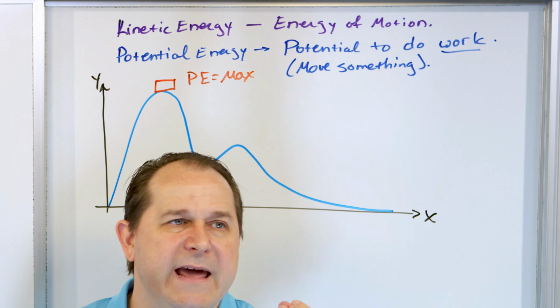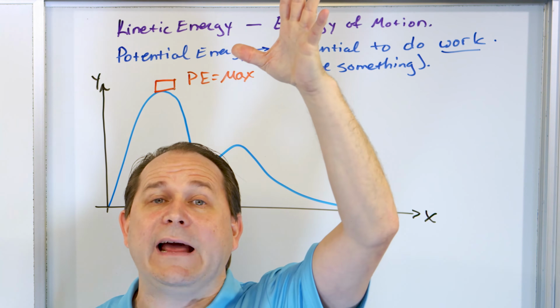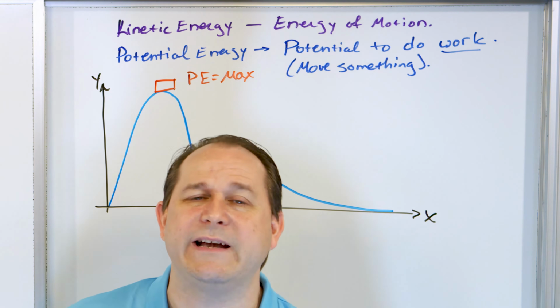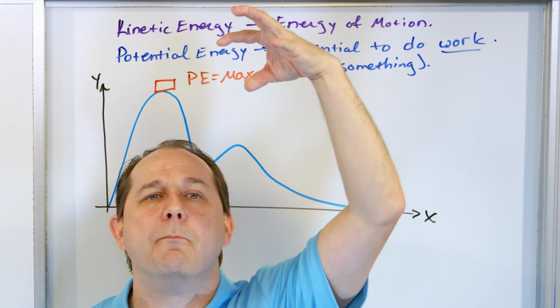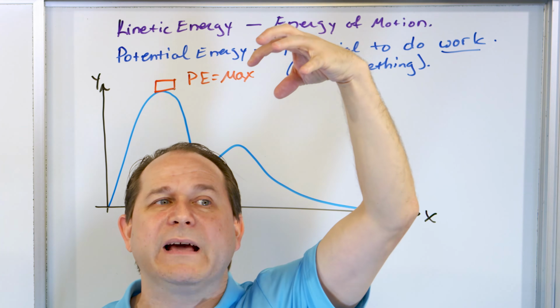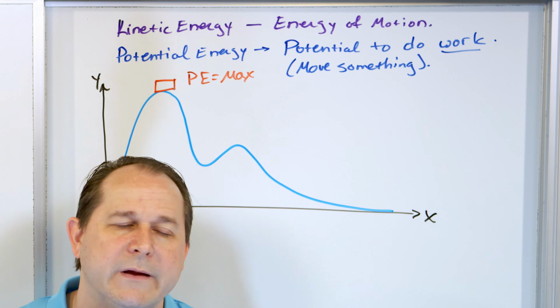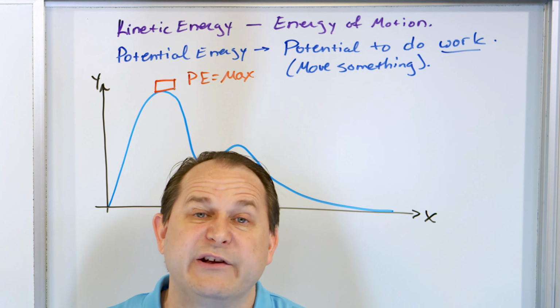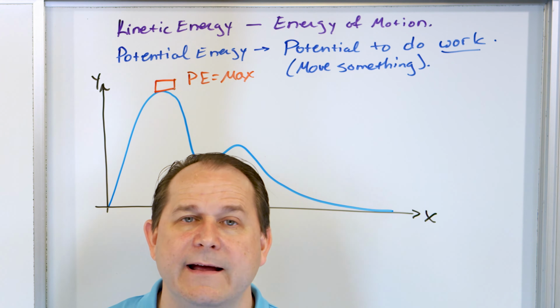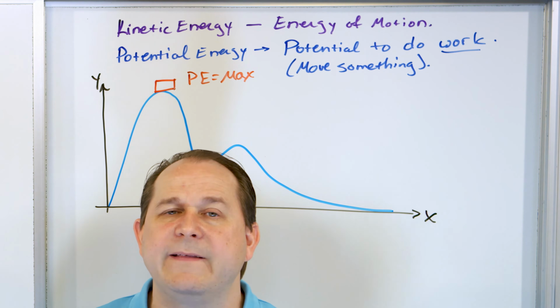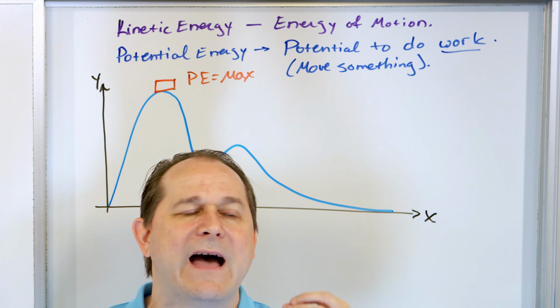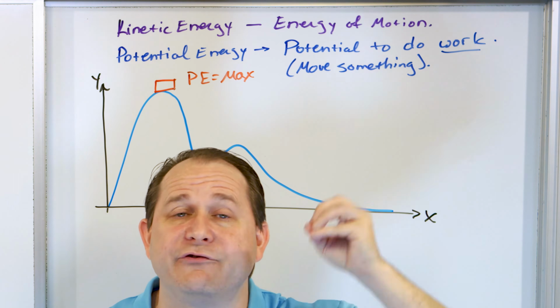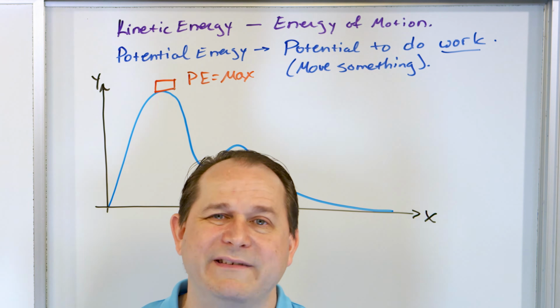But if I let it go from a higher height, it's going to reach a higher speed when it impacts the ground. So it has more potential energy up here because as it hits the ground, it has more, we're going to quantify it, potential to do work. If you could harness that and turn a generator with it, then you would have more electricity, right? The higher something is off the ground, the more potential it has to do work, the more potential energy.